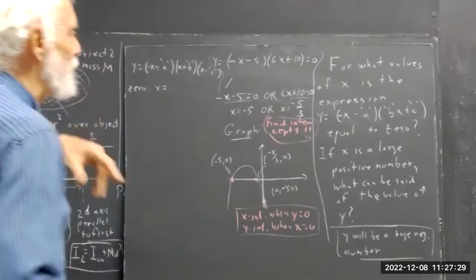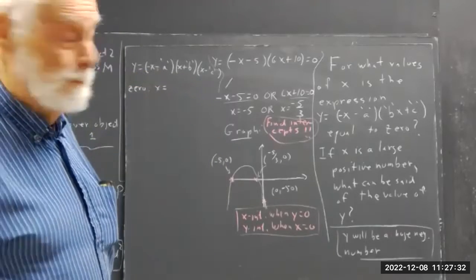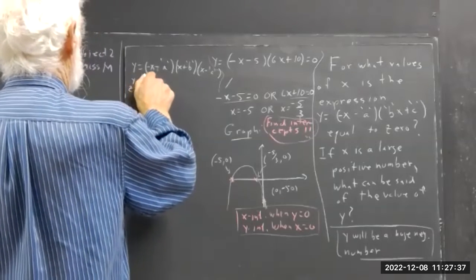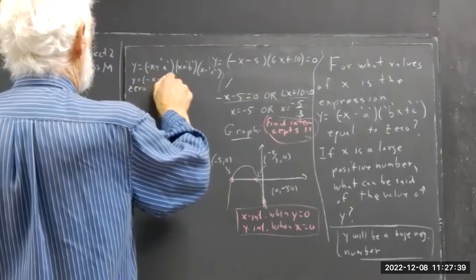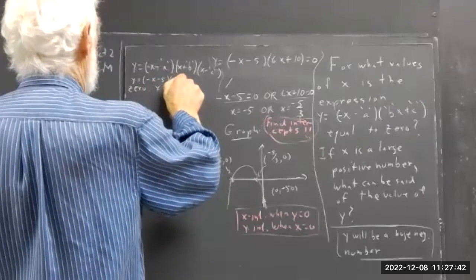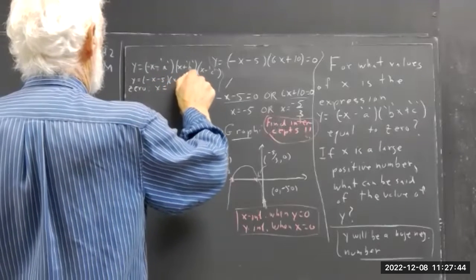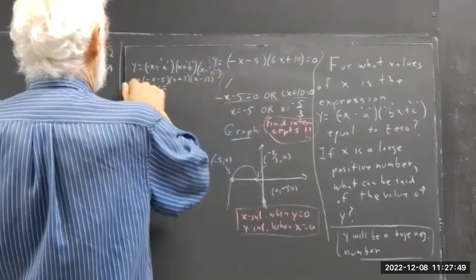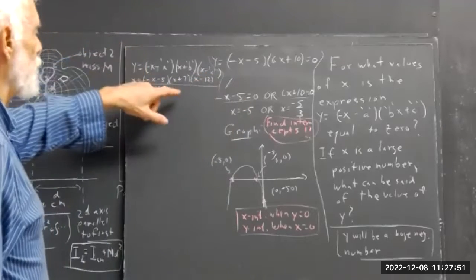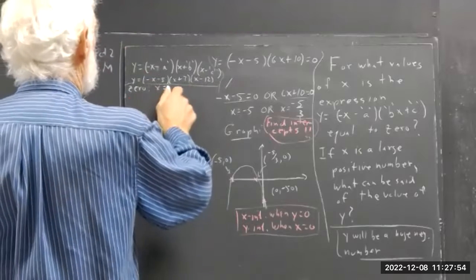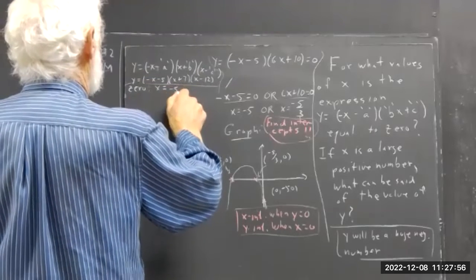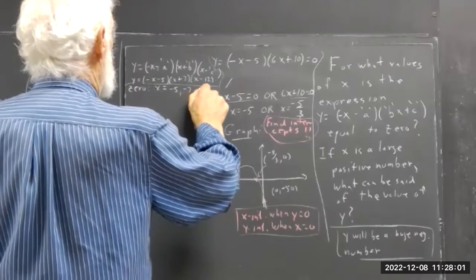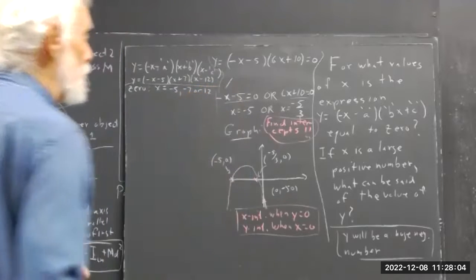Depending on your values of a, b, and c, if my values are negative (x minus 5)(x plus 7)(x minus 12), zeros occur when x is 5, negative 7, or 12.